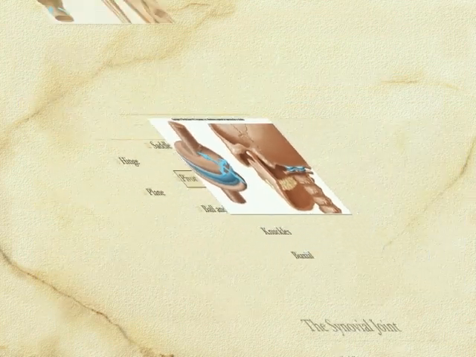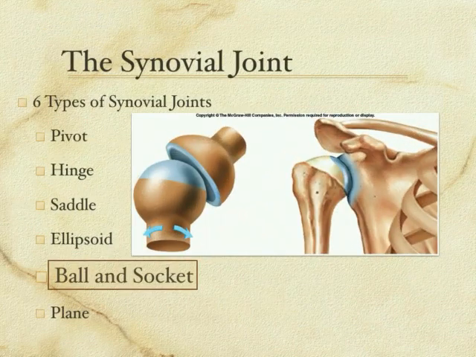The last of the joints, the sixth category here, fifth in your list, is the ball and socket joint. The ball and socket joint is what we call a multi-axial joint. Many movements, many different directions. And here shows the shoulder joint in the lower limb.